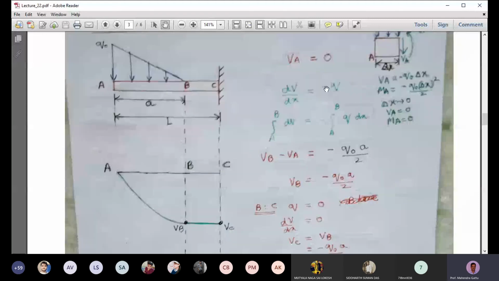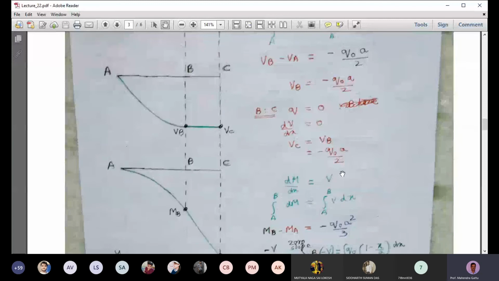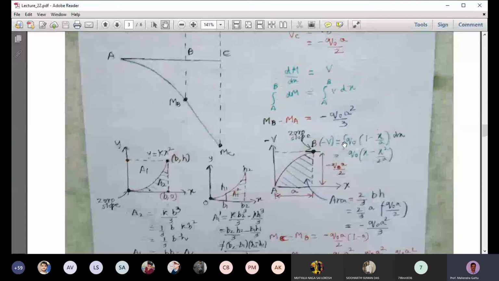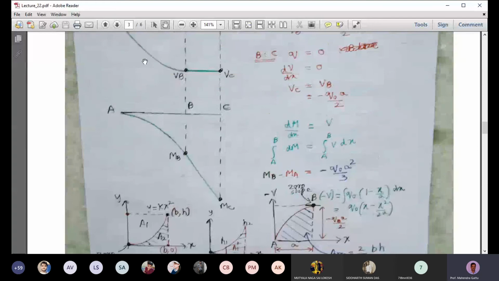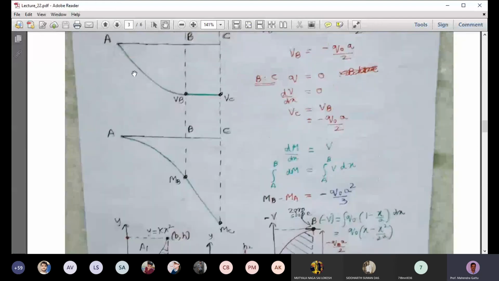V is equal to minus integral q dx. So if we do that, q naught into 1 minus x by a, and we will get q naught into x minus x square by 2a. So that is the curve equation for this curve. If you see that curve, it is a parabola.